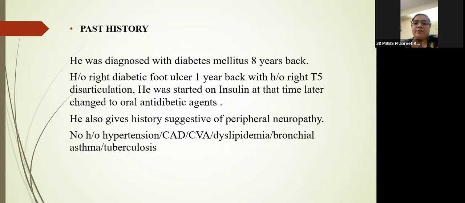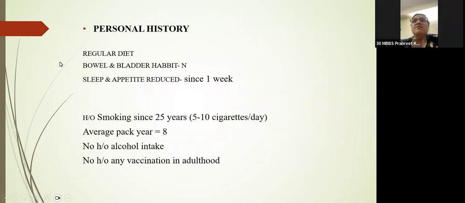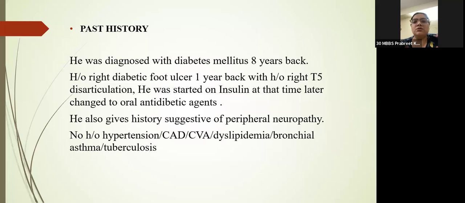Okay, so suppose right and left radial arteries are absent, and in the lower limb there is absent, maybe dorsalis pedis, bilaterally absent dorsalis pedis. What are the things you will think of? Sir, if it is a young male, then Buerger's disease could be the first differential, and in an older patient, atherosclerosis could be kept in the differential.